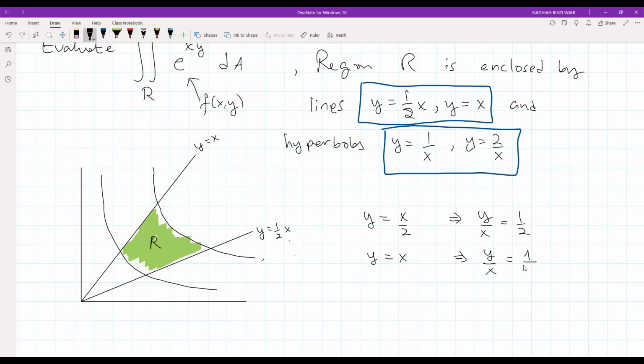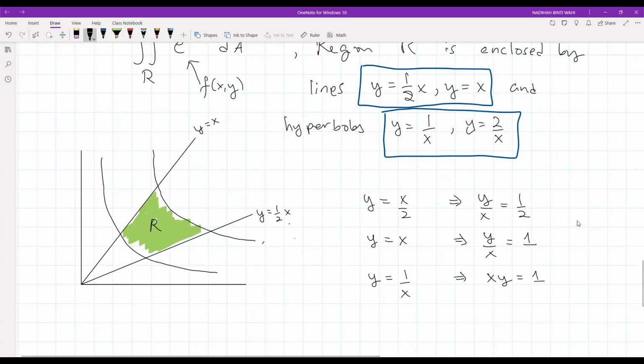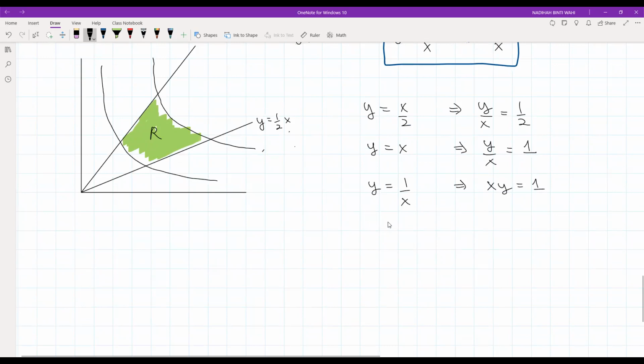On the hyperbolas, y equals 1 over x, therefore xy equals 1. And y equals 2 over x, therefore xy equals 2. Now the right-hand side is just a constant.